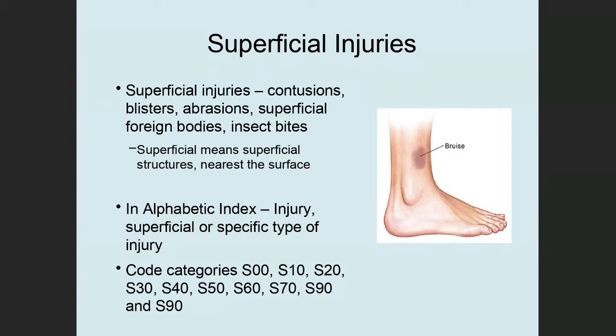So you look these up in the Alphabetic Index: injury, superficial, or specific type of injury. And superficial injuries are S00, S10, S20, 30, 40, 50, 60, 70, 80, and 90, that should be. So, as we said, the third character is the type of injury, and this is superficial.